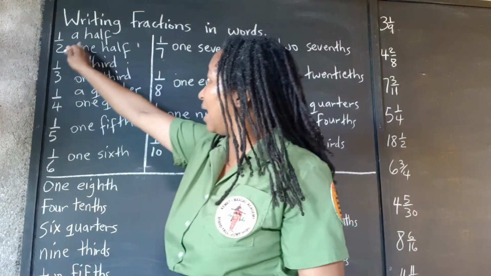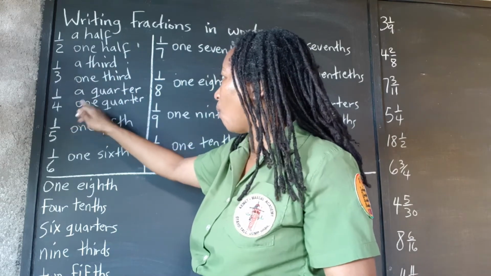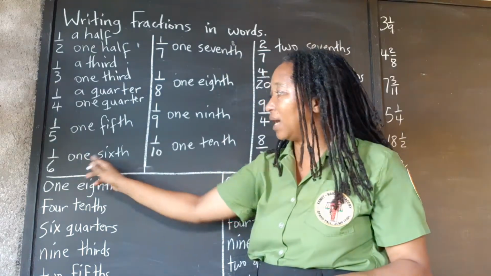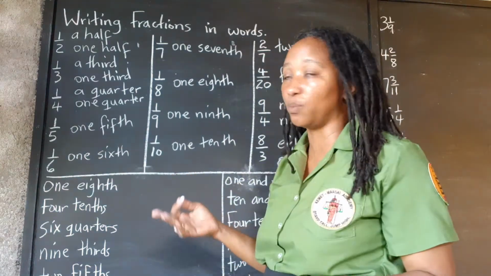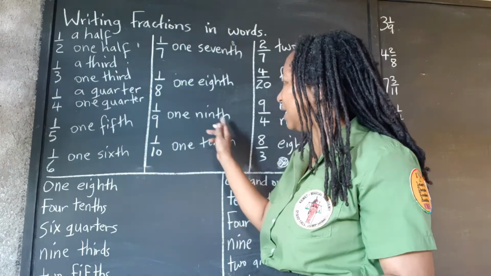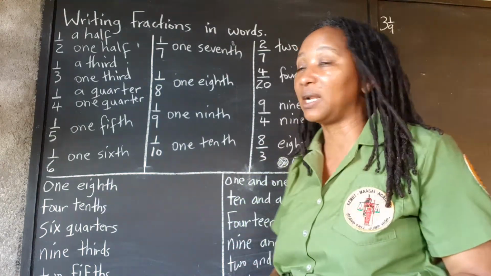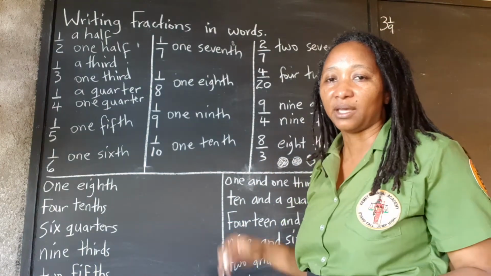So that's 1/2 or a half, 1/3 or a third, 1/4 or a quarter, 1/5, 1/6. So all of these have 1 at the top in the numerator. 1/7, 1/8, 1/9, 1/10. If the numerator is plural, we're going to put an S in the denominator.